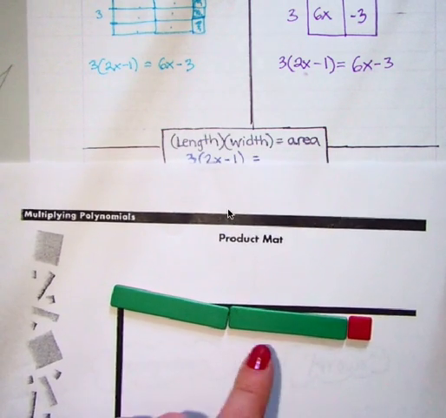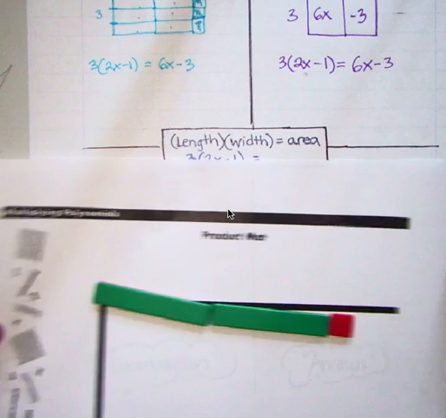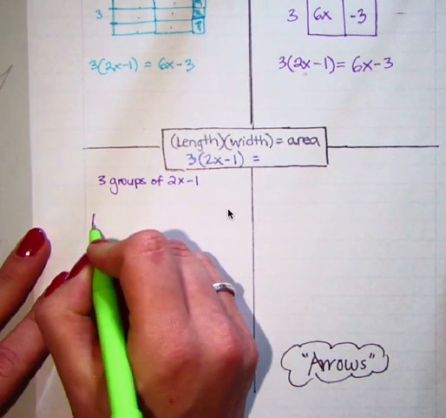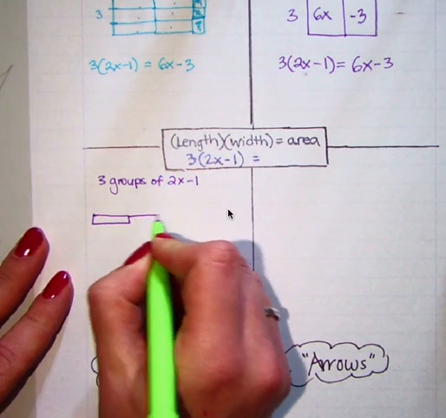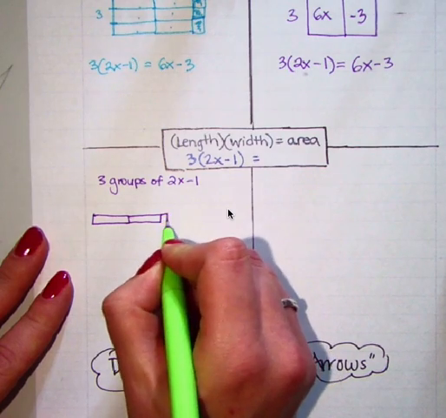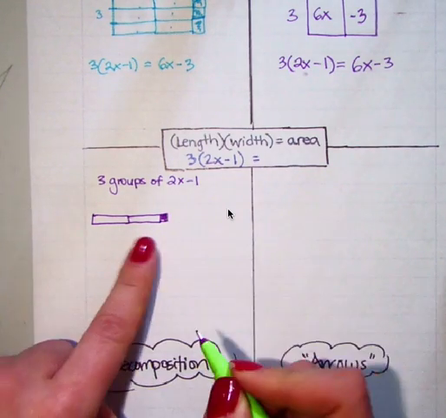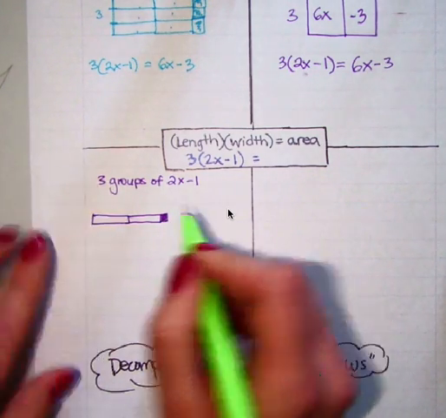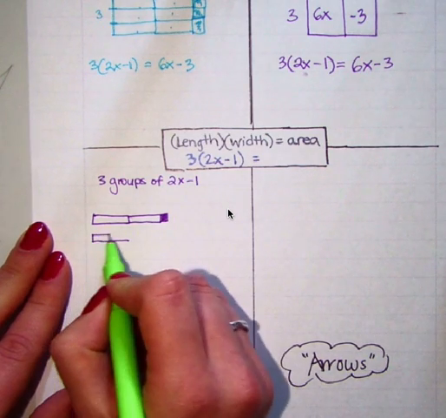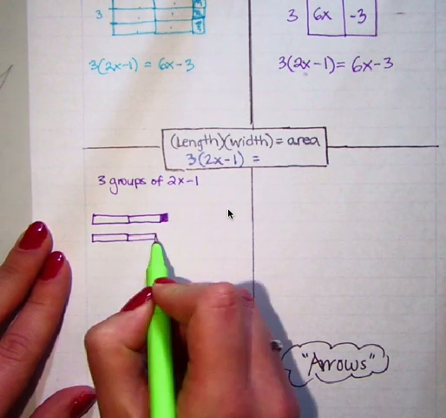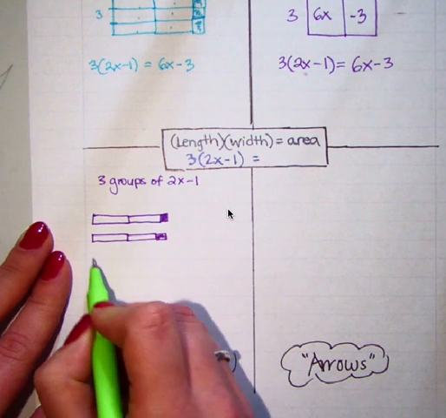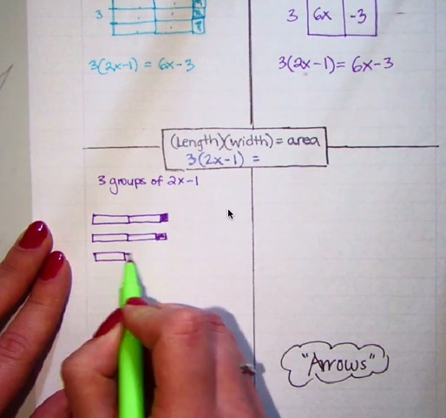You have 2 x's and a negative 1 piece. So let's just draw that. But you don't only just have one group of that, you have 3 groups of it, so we're going to draw it another time. And we'll draw it one more time because we have 3 groups of that.